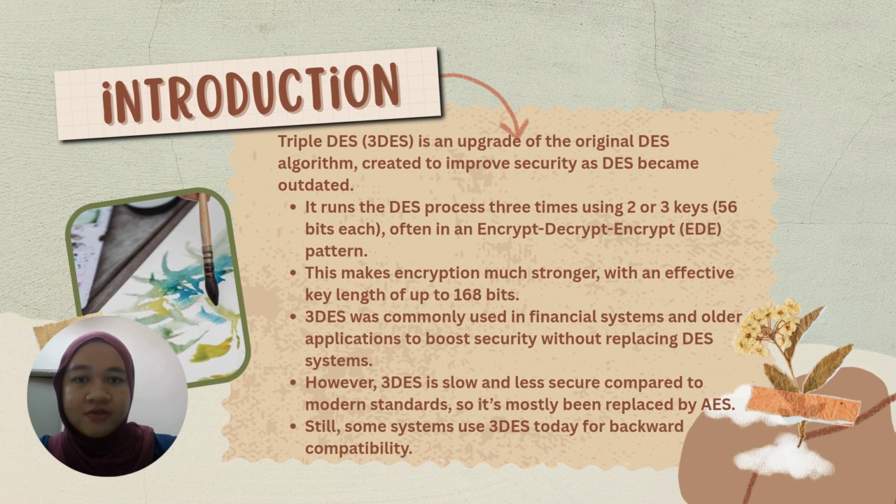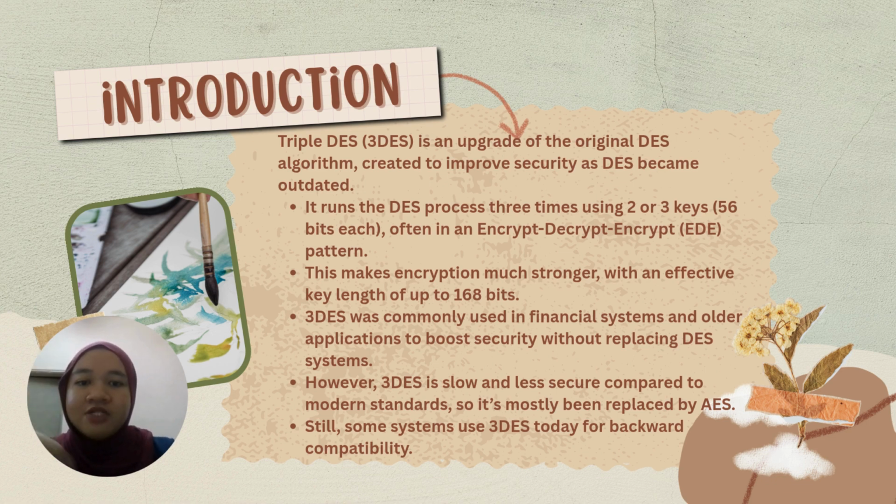Okay, next for introduction. Triple DES, 3DES, is an upgraded version of the original DES algorithm, created to improve security as DES became outdated. It runs the DES process three times using two or three keys, 56 bits each, often in encrypt, decrypt, encrypt order.